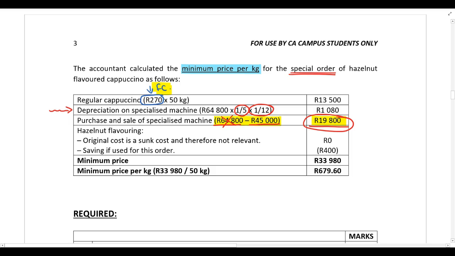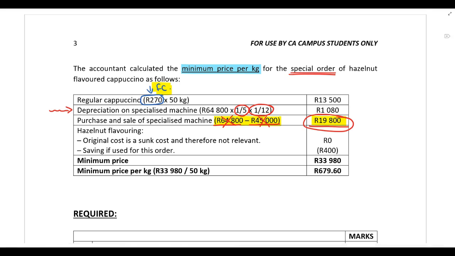So that can't be relevant because it's a sunk cost. This here also is not relevant because the machine was not specifically purchased for this order. The only thing that's relevant is the decrease in the market value of the machine as a direct consequence of accepting the special order. So the drop of 5,000 Rand as a direct consequence of accepting the order.